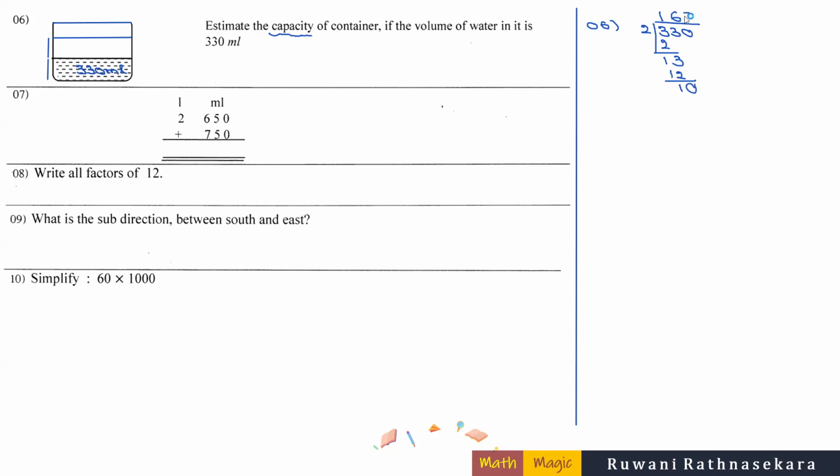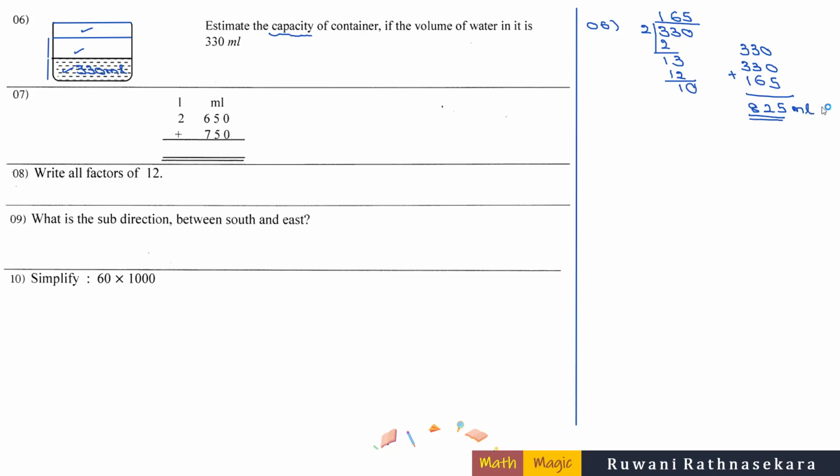For 10, it's 5. So 165. Then it's the sum of 2 330s and 165. 330 plus 330 plus 165. 5, 12, with 1, it's 8.